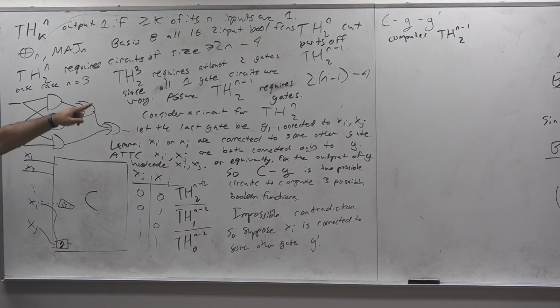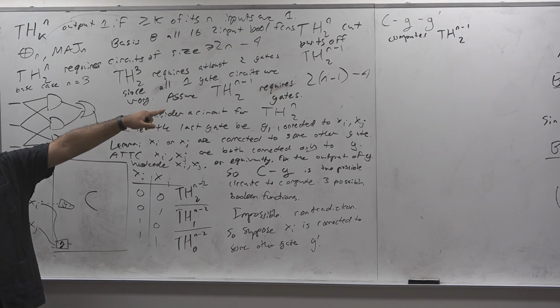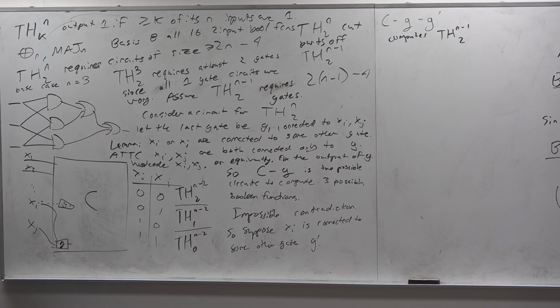I claim that's going to compute the threshold function of n minus 1 inputs, where it needs 2 to be on. What do you know about a circuit that computes the Boolean function threshold 2 of n minus 1?